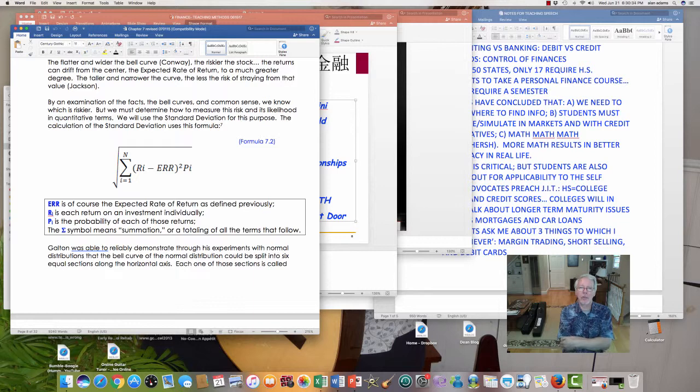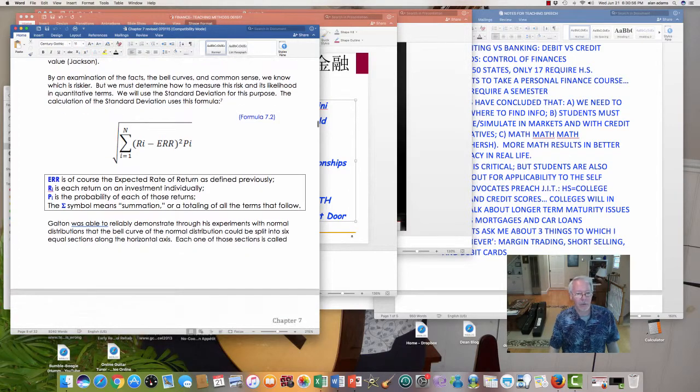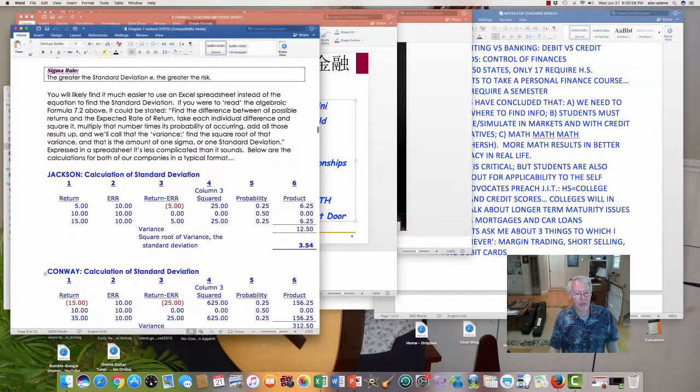And yes, the formula is different if you are looking back at actual results. We have to tweak the standard deviation formula a little bit. I give you that at the end of the book in case you're curious. Here we're not dealing with actuals, we are dealing with expected possible future outcomes and their probabilities, and therefore the standard deviation calculation has to be a little bit different. Okay? So if you had any curiosity about that, that's the answer.